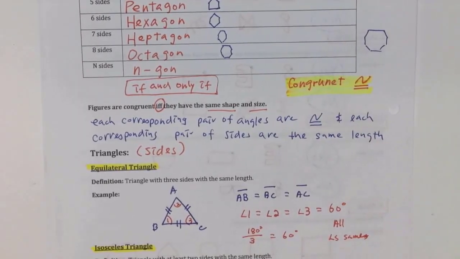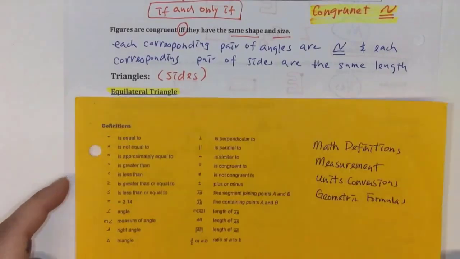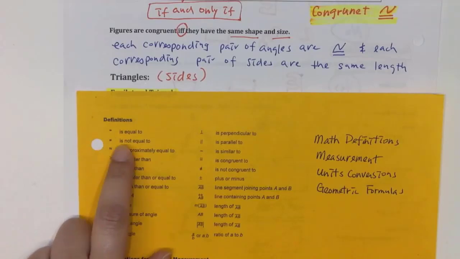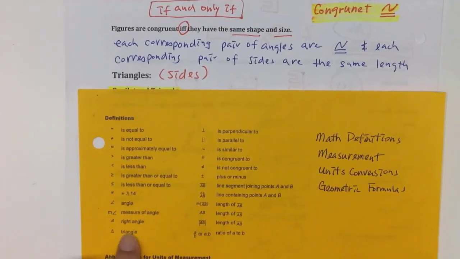Okay, and last time we talked about the different triangles. Some of them we classified by sides, some of them by the kinds of angles. By the way, we also gave you this handout, right? It tells you the symbols for equal to, not equal to, approximately, greater than, less than, greater than or equal to, less than or equal to, and the angle sign.